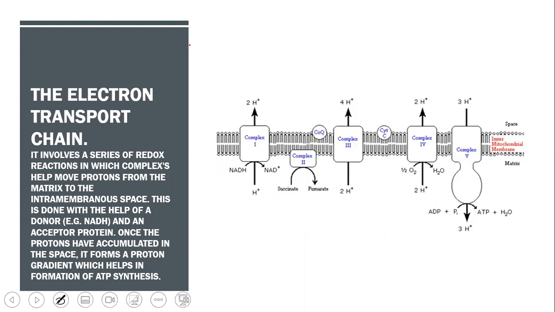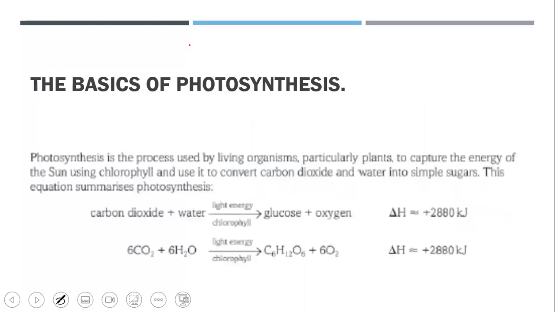From those intermediate compounds, we generally remove 2 hydrogen atoms. These hydrogen atoms are then collected by a hydrogen carrier. You can say hydrogen carrier or hydrogen acceptor, both statements are correct.